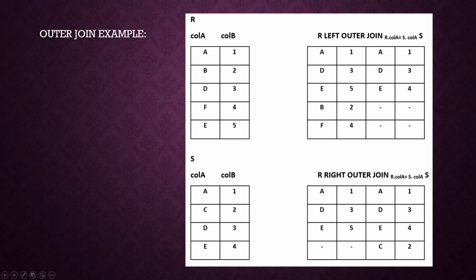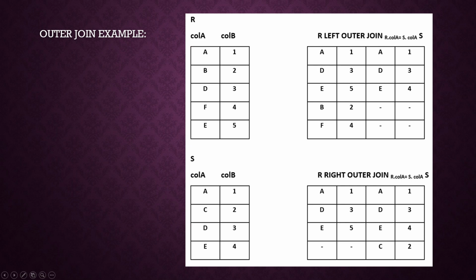Here in right outer join, it should be S here and R here. All the common elements of S should be displayed in the first part, and all the common elements of R should be displayed in the second half.